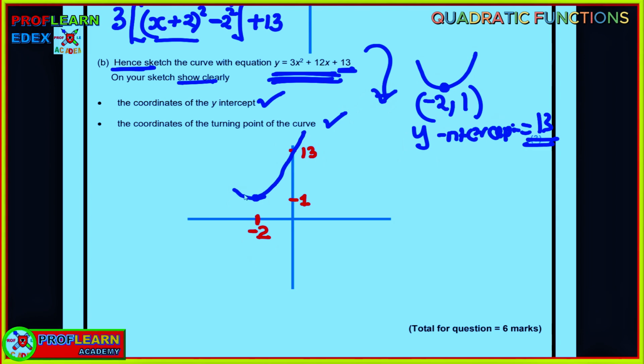This graph is a parabola opening up like that, whereby we have our turning point at this point and y-intercept at that point. This graph does not cross the x-axis. It means that this graph has no solution, and also it means that the discriminant of this graph is less than 0.